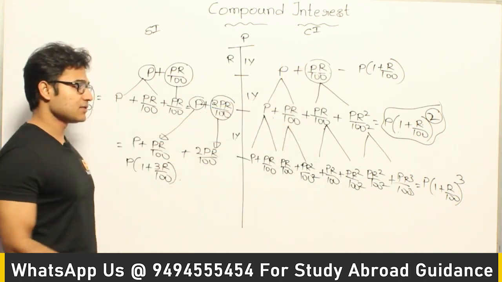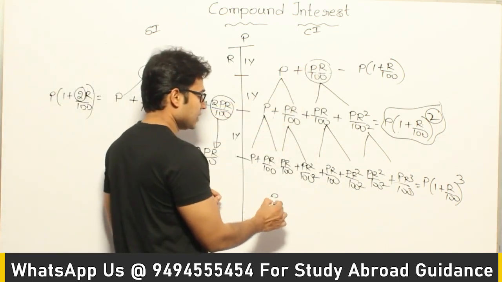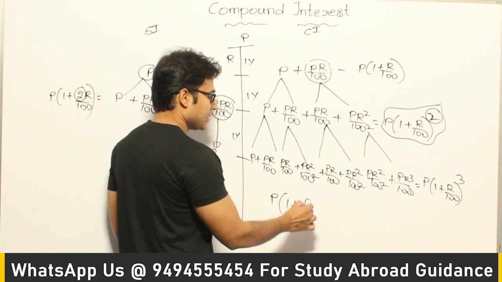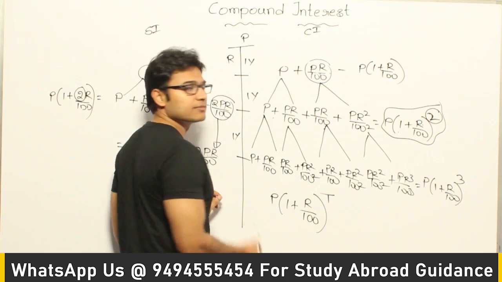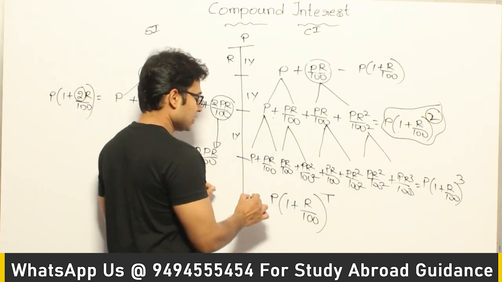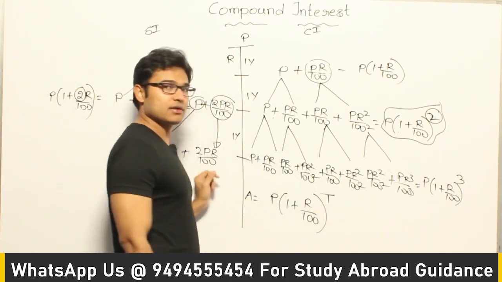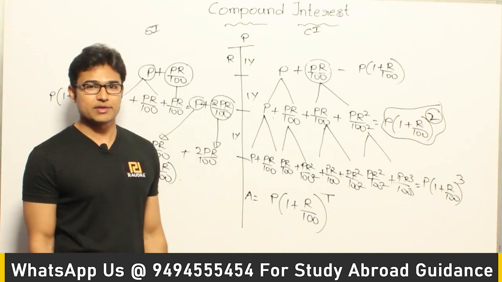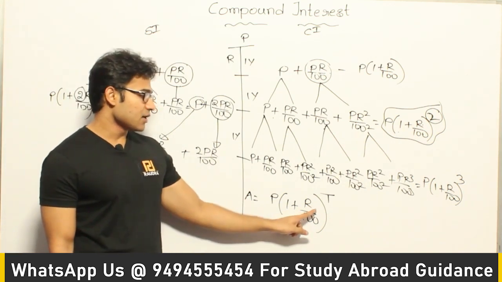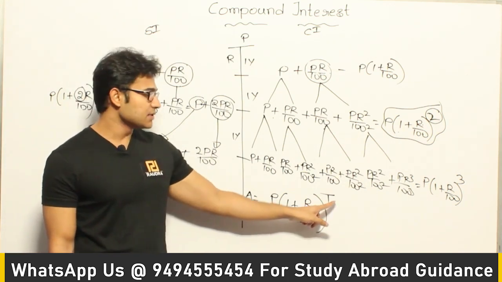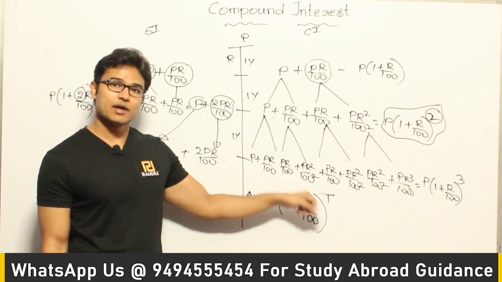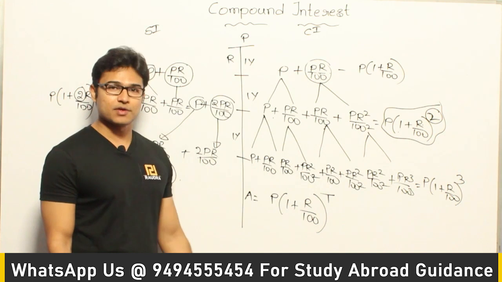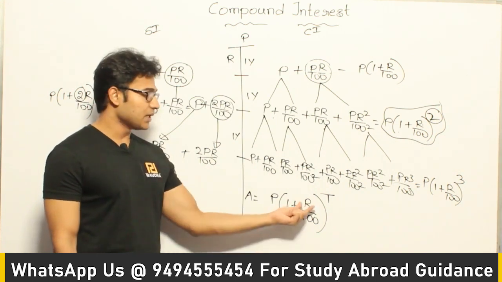Only in that case can you write like this, P into 1 plus R by 100 whole power T. So this is the total amount you are going to get in case of compound interest, if R is the rate of interest per annum and T is the time in years, right? And it is given that the amount is compounded annually, and you should be careful there.